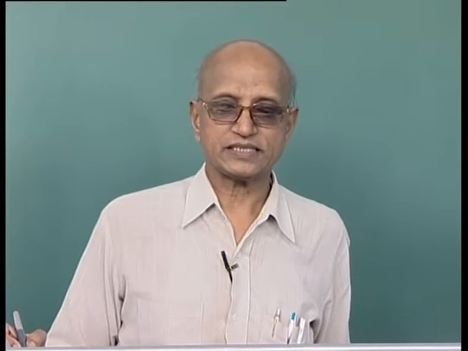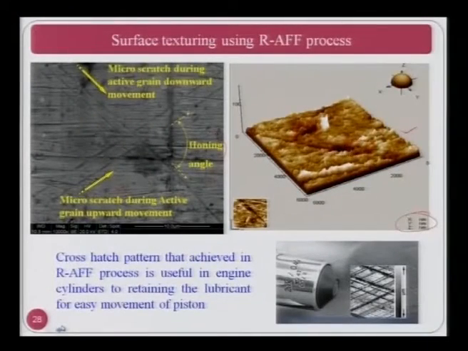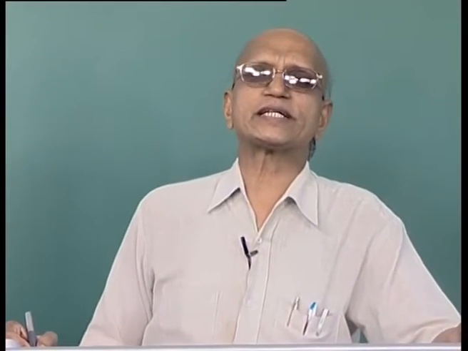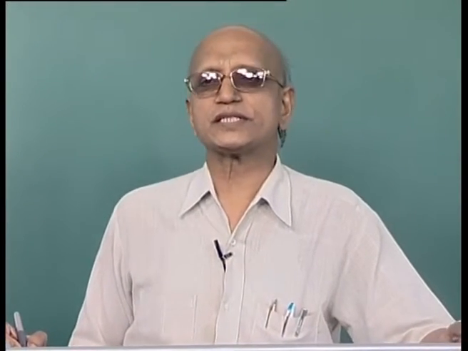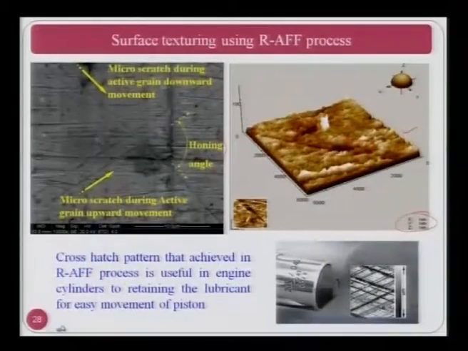If piston and cylinder are finished by the RAFF process, because RAFF can be used for finishing internal as well as external surfaces, then they will be able to retain the lubricant, and that lubricant will reduce the friction during operation, which is a good feature of any finished piston and cylinder.